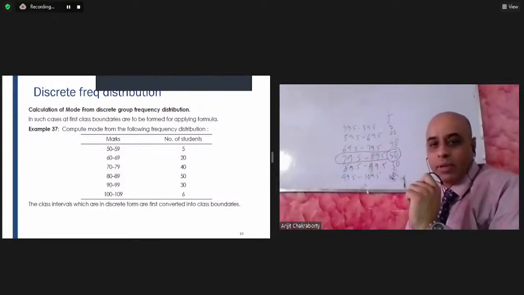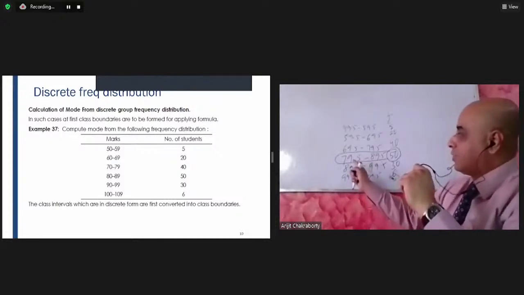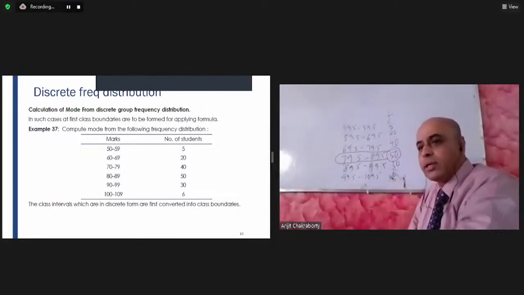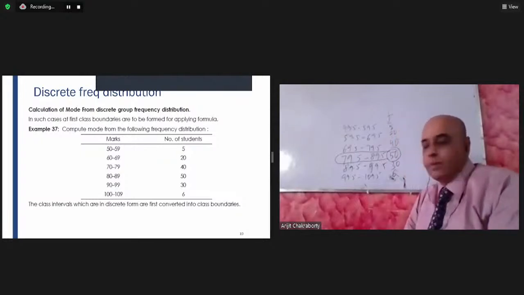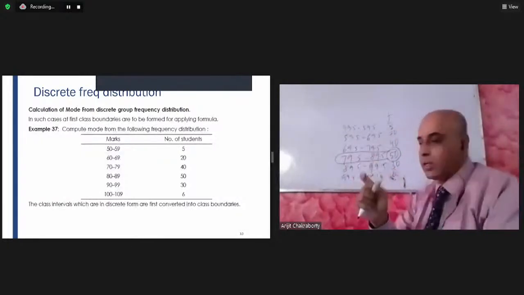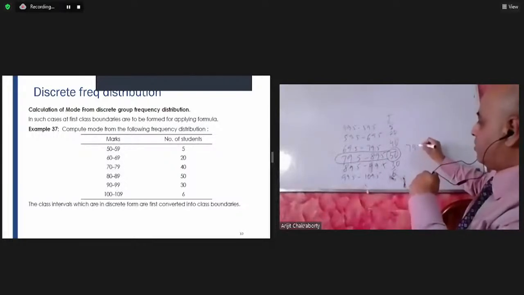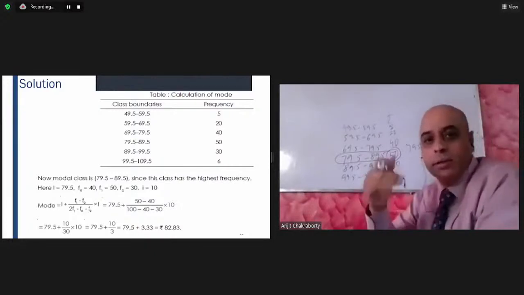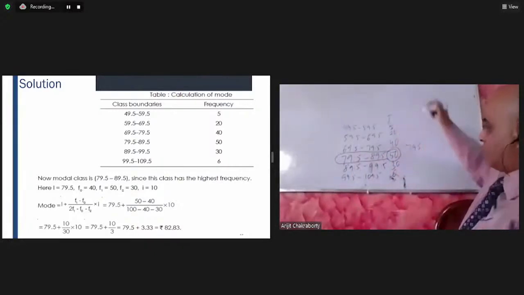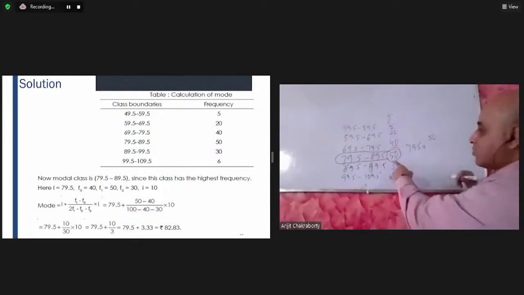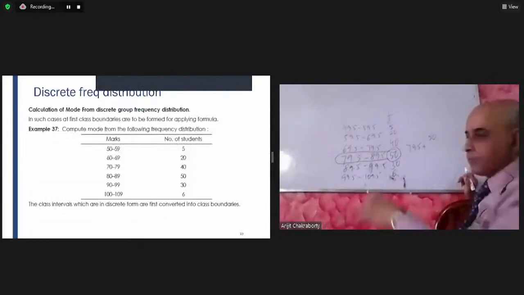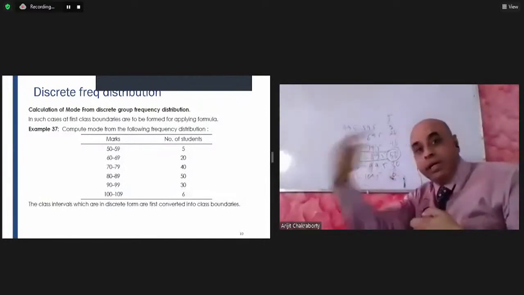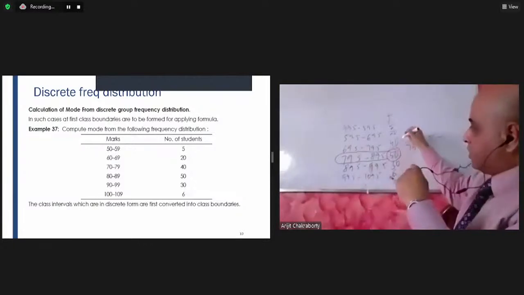Now please note that the lower limit of the modal class has to be considered. 79.5 is the lower limit of the modal class, so I will take 79.5 here. Now let us look at the frequency. Plus 50, the frequency of the modal class, minus the frequency of the immediately preceding class, which is 40.